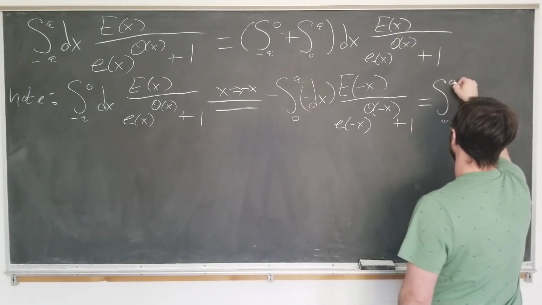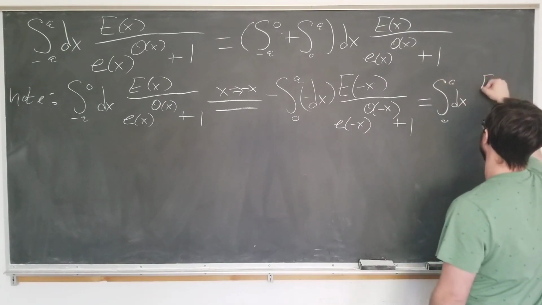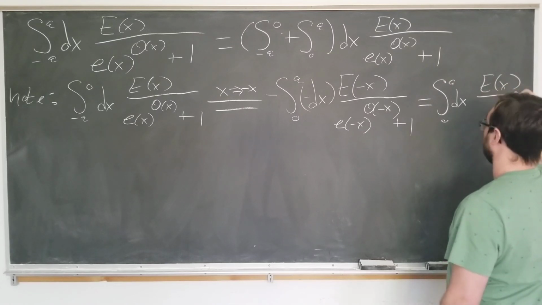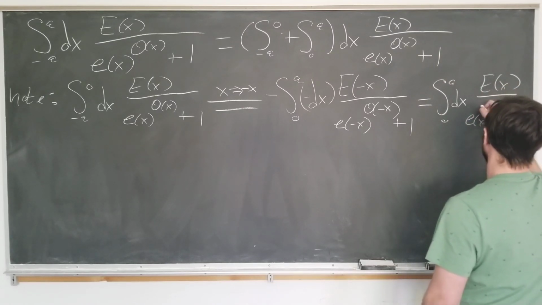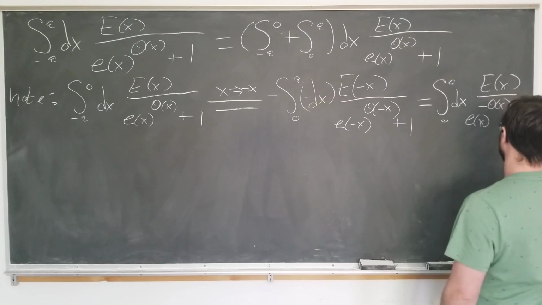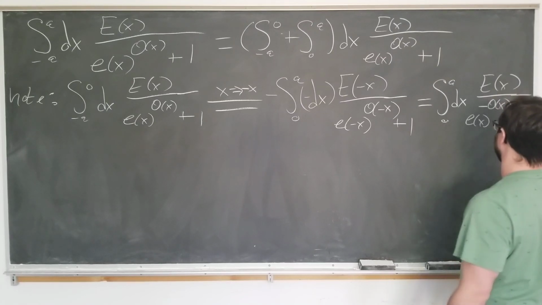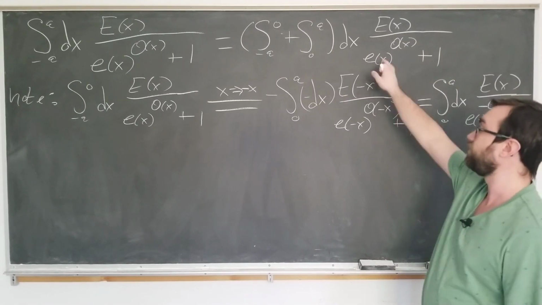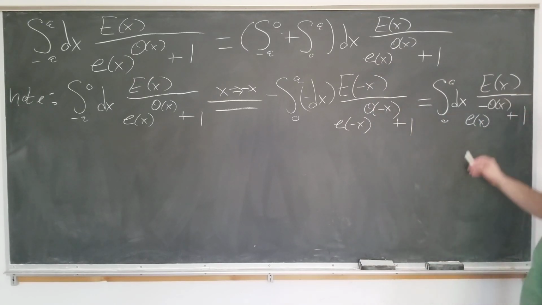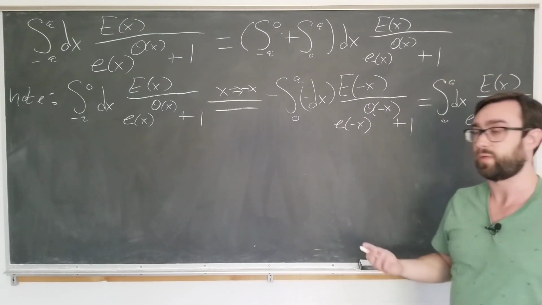We get the integral from 0 to a with respect to x of the even function over even function to the minus odd function plus 1. And now we can simply combine the results. We see that we're going to have a capital E factoring out from both integrals.